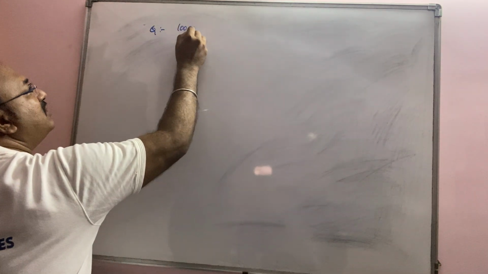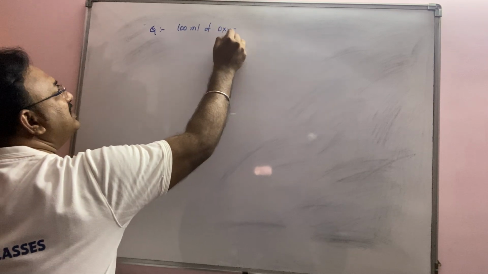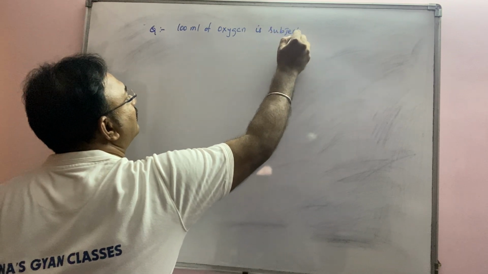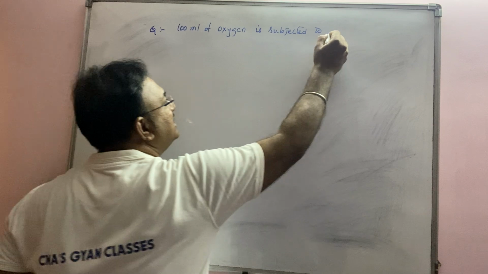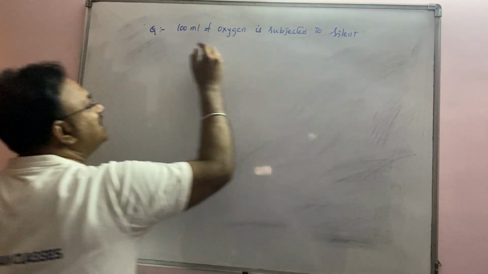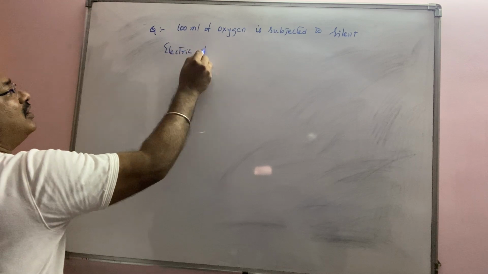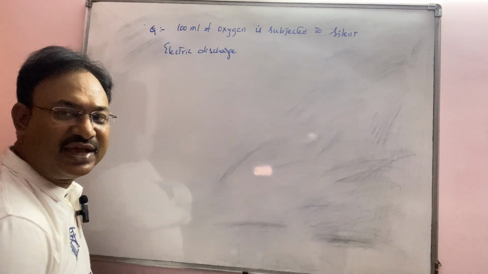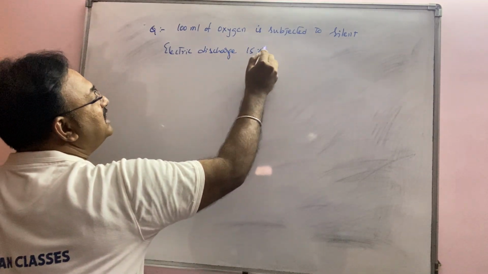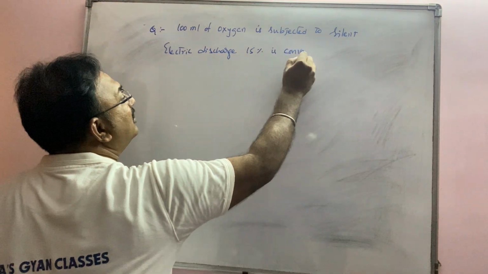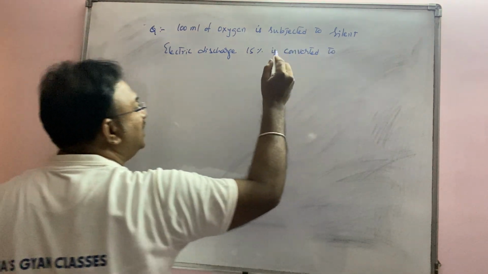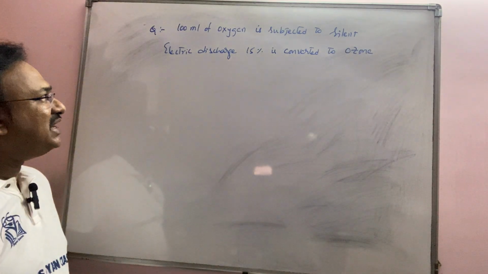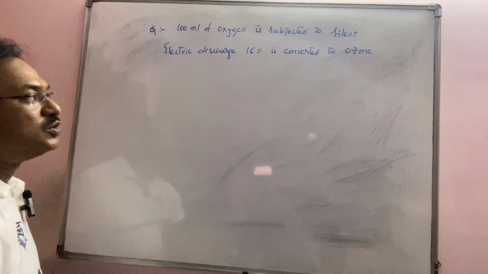See, 100 ml of oxygen is subjected to silent electric discharge. 15% is converted to ozone. Right? 100 ml of oxygen is subjected to silent electric discharge. 15% is converted to ozone.